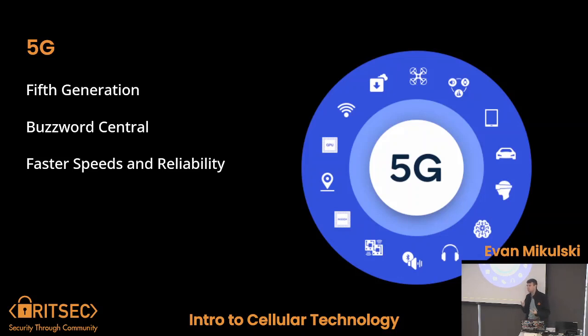So you need more sites to build up more reliable infrastructure. But anyway, without all the corporatized buzzwords, 5G is mostly just faster speed and higher reliability. It exists in a higher bandwidth space, and it's just another improvement over 4G.